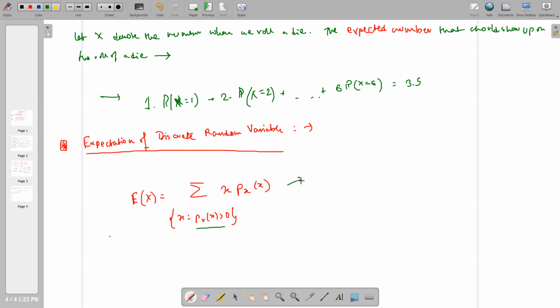Provided, provided what? Provided this sum converges absolutely, right? Because otherwise it's not defined.